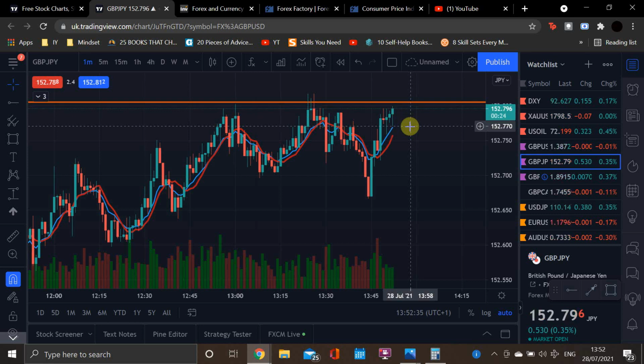Yeah, I'm going to buy into GBP JPY. I want to see it close above the thing first.